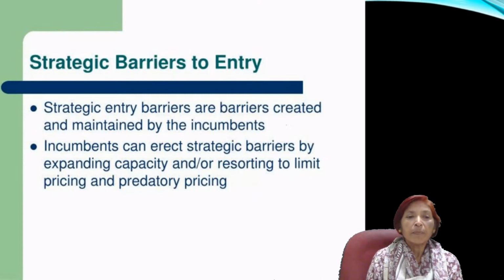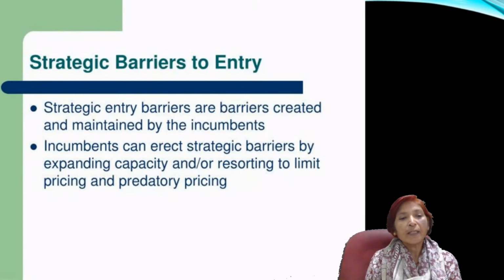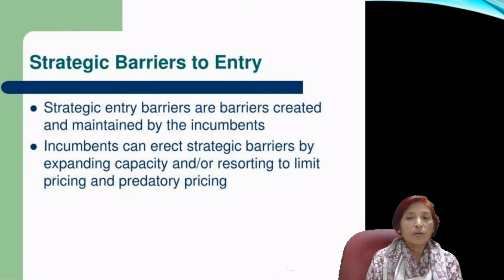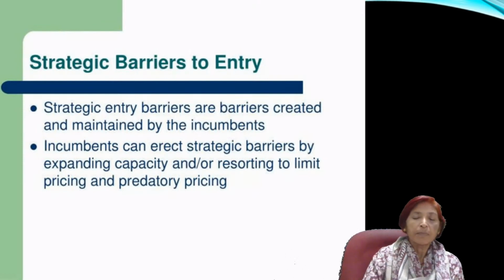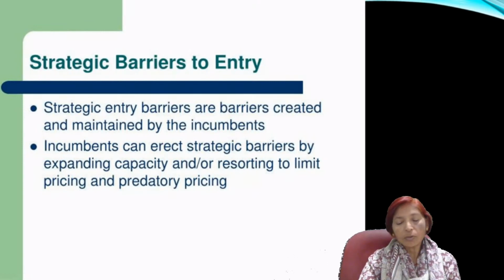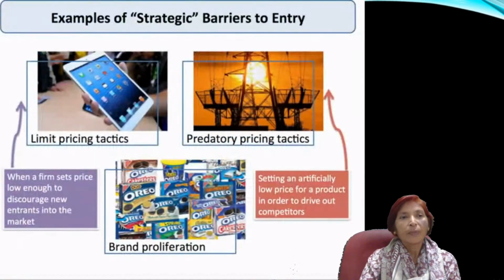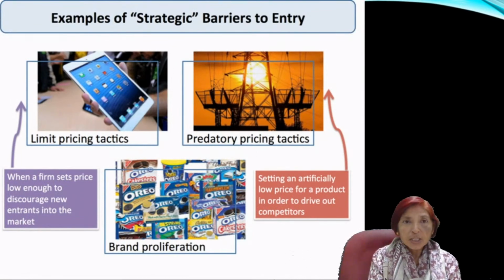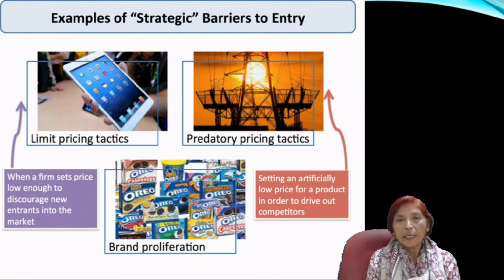So incumbents can erect strategic barriers by expanding capacity and or resorting to limit pricing and predatory pricing. These are called strategic barriers to entry. And small business entrepreneurs can't manage a lower price in their market structure.